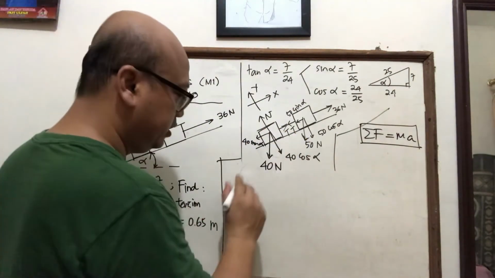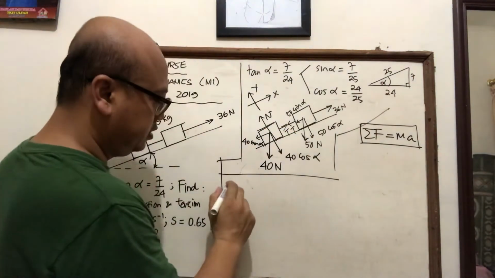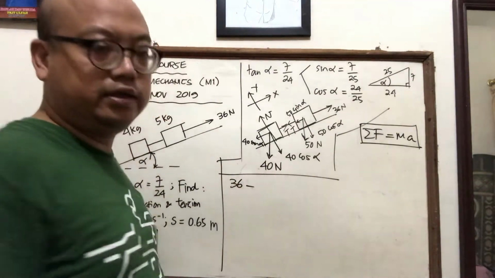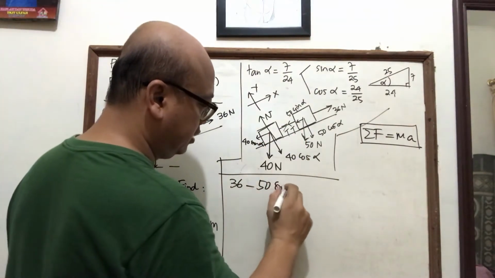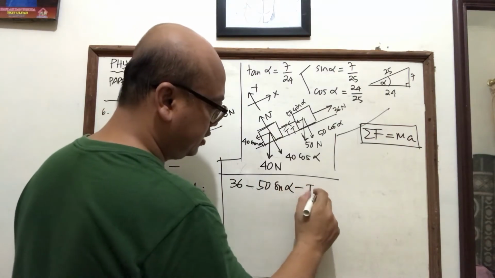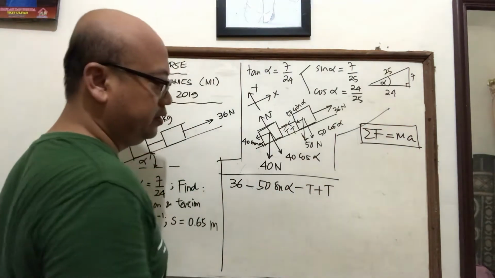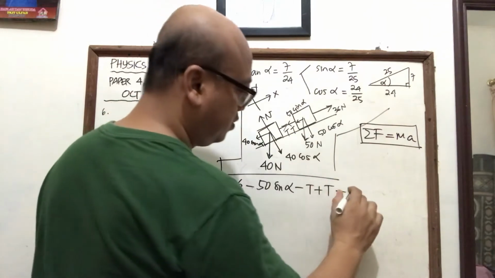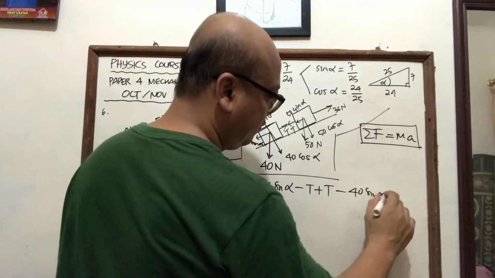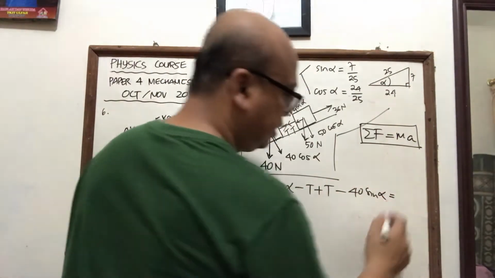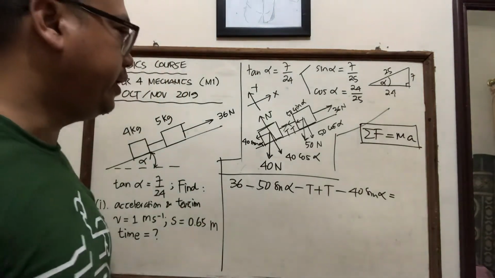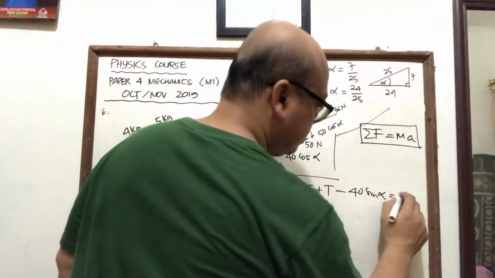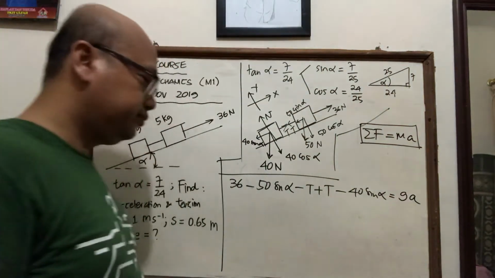The force is 36 minus 50 sine alpha minus T plus T, and then minus 40 sine alpha, and the mass is 4 plus 5, which is 9, so 9a.